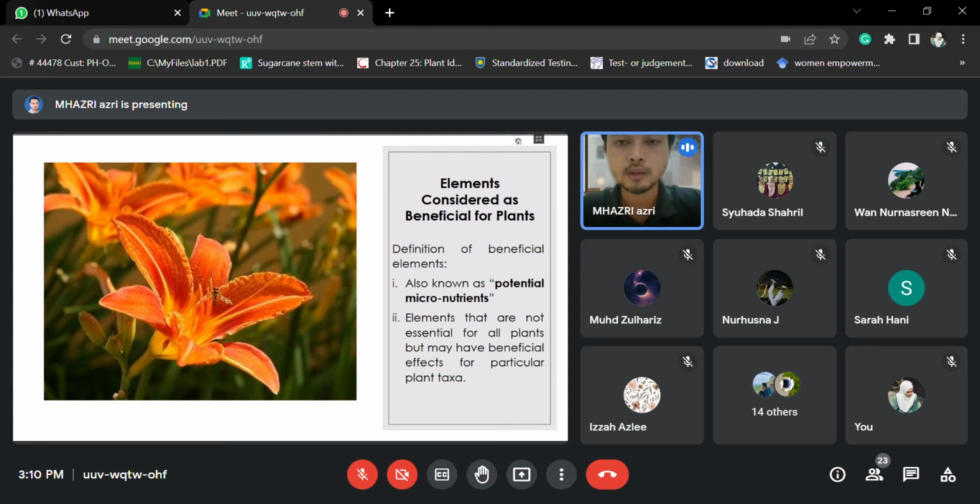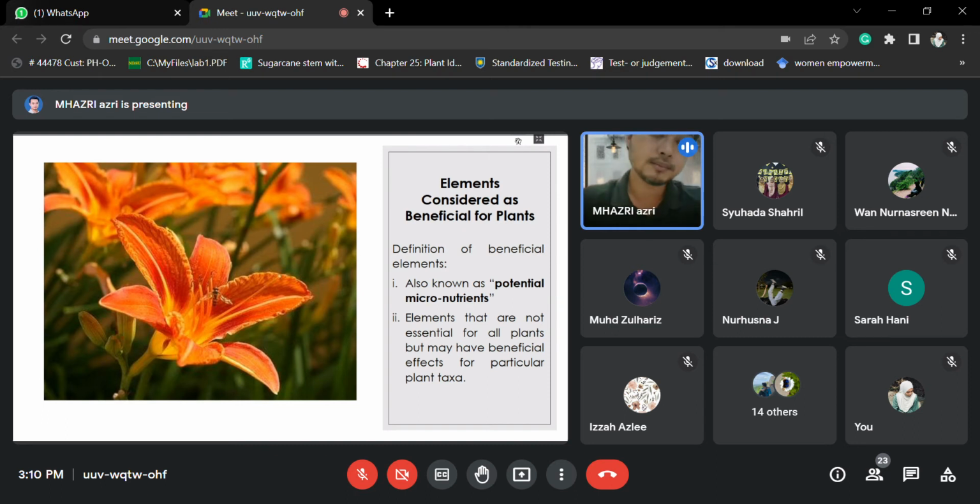And then when we exclude completely these elements, we found that plant cannot complete its life cycle, and these elements show essential element characteristics. Okay, so daripada beneficial element, elemen-elemen ni didefinisikan semula sebagai essential elements.